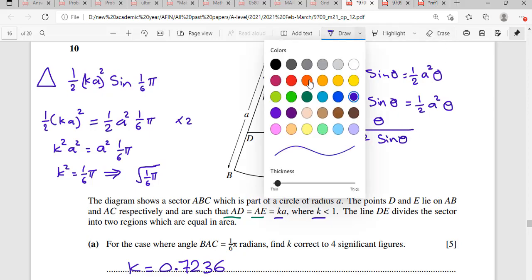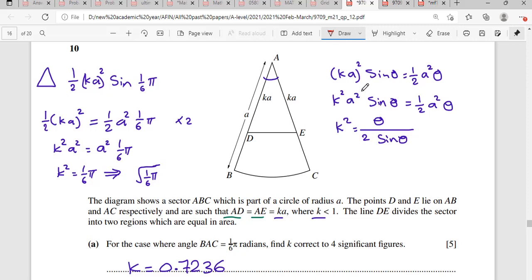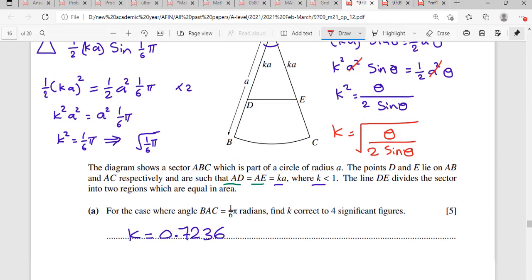Because the a's are removed, if we divide both sides by a squared, it will be theta over 2, the 2 is here, theta is there, theta over sine theta. Then this is k squared. What about k? K is the square root of that. Theta over 2 sine theta. This is the general value of k.